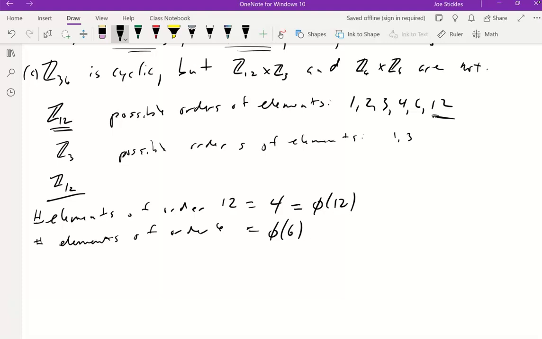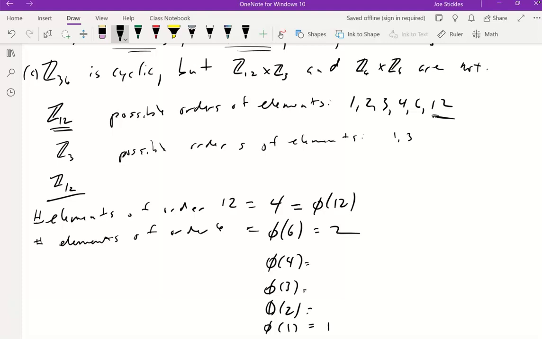So how many of them total? 2. There we go. Good. Do the same thing for 4 and for 3 and for 2 and for 1. Of course, how many elements of order 1 are there in any group, no matter what? 1. Good.